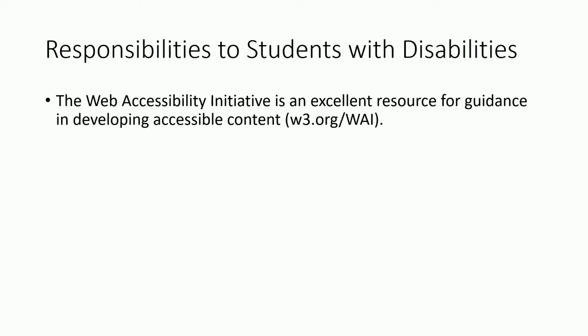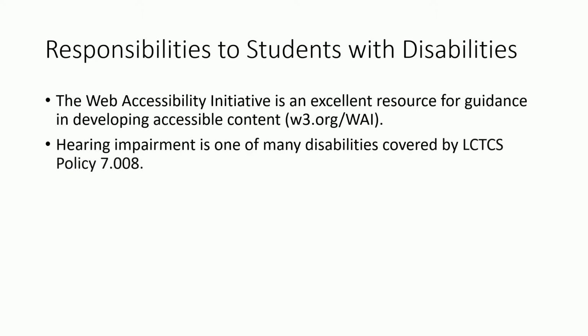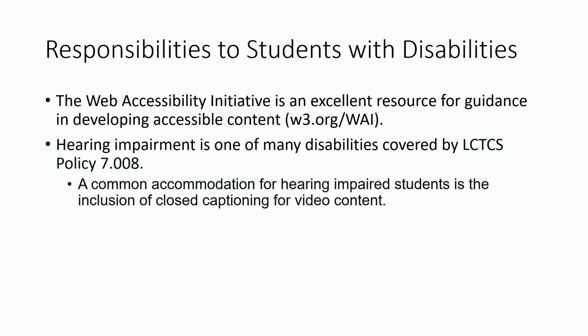So, if you are looking for tips on making your online content more accessible to all students, one great resource is the Web Accessibility Initiative, which is a part of the World Wide Web Consortium. Their website is w3.org/WAI. With the remainder of this video, I want to focus on improving accessibility for hearing impaired students.